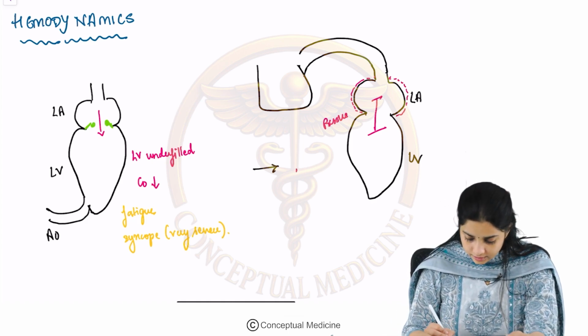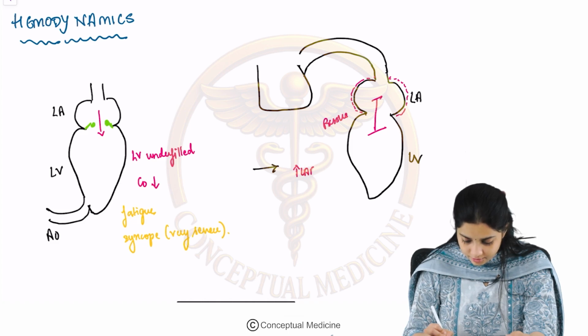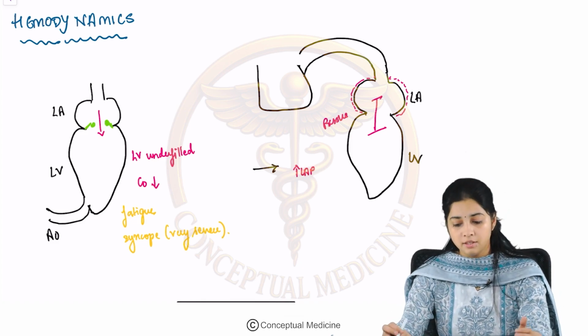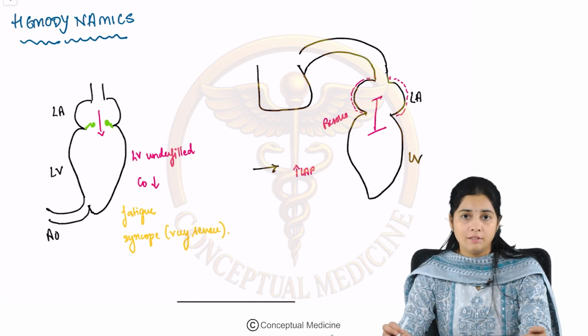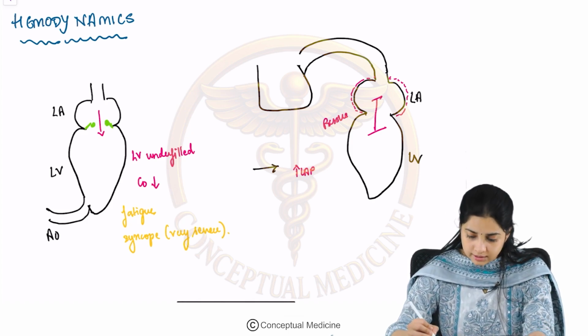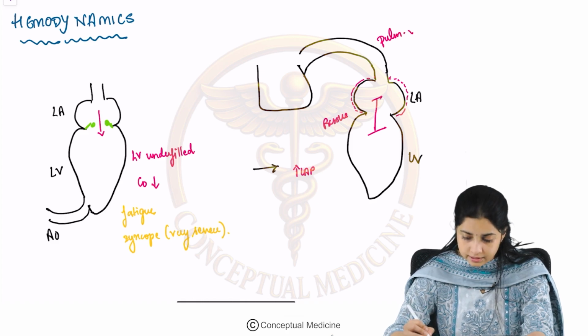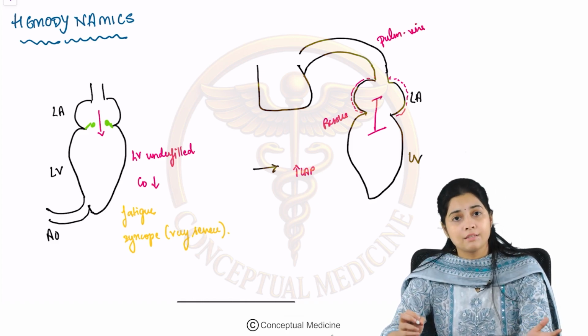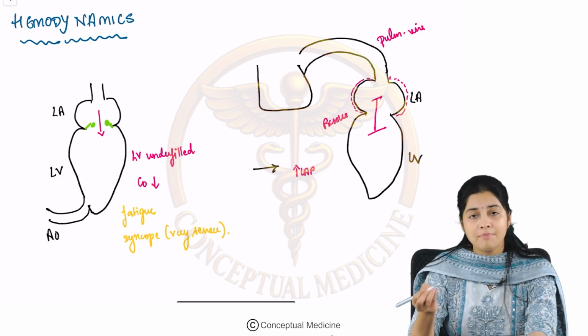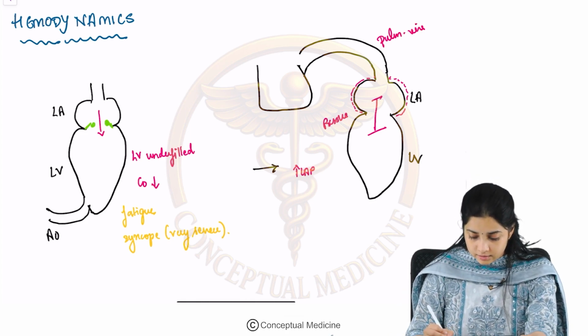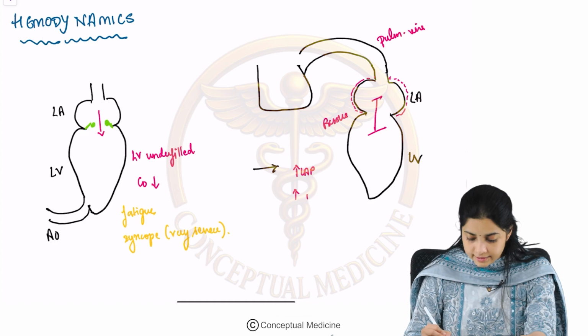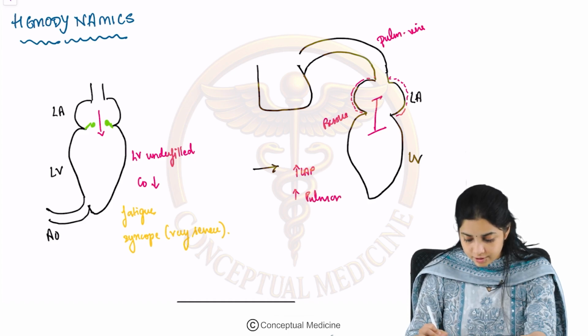Whenever there is an increased left atrial pressure, the vessels draining into the left atrium, the pulmonary veins, are affected. This pulmonary venous pressure increases and there is a backward pressure which results in an increased pulmonary capillary wedge pressure.